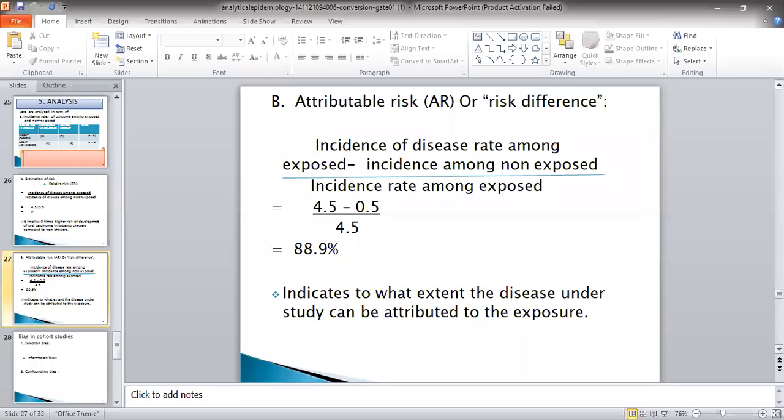It indicates to what extent the disease under study can be attributed to exposure. ठीक है? इसका मतलब हुआ फॉर एग्जाम्पल 88.9% of oral cancer among tobacco chewer is due to the tobacco chewing. That's how this attributable risk is telling us how strongly the risk factor or the exposure factor is related to the disease.